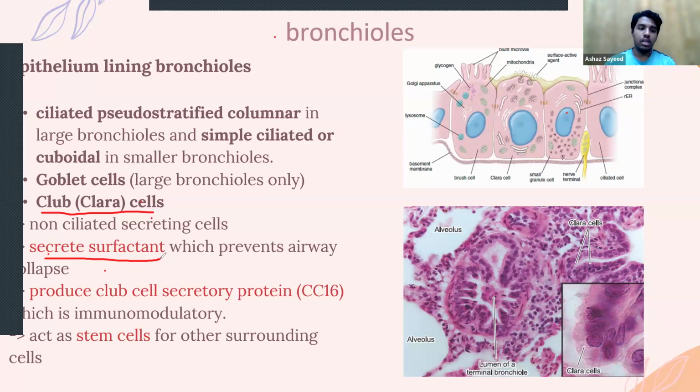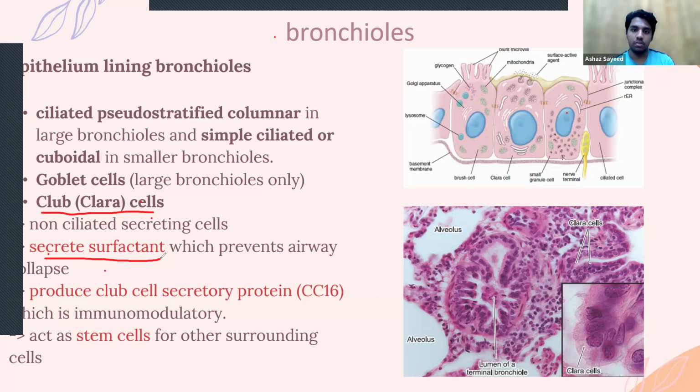So, your club Clara cells are non-ciliated, secreting cells, and they secrete two things. They secrete surfactant, which prevents airway collapse in the terminal bronchioles and the respiratory bronchioles. They also produce club cell secretory protein, CC16, which is immunomodulatory. That's not as important as its function of secreting surfactant.